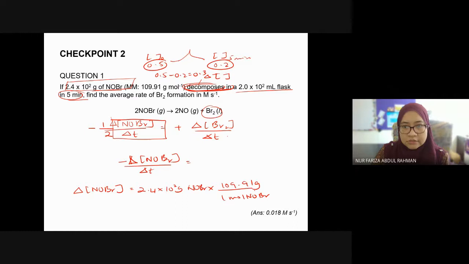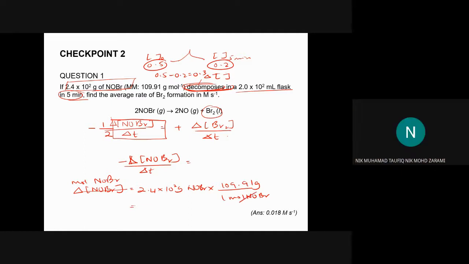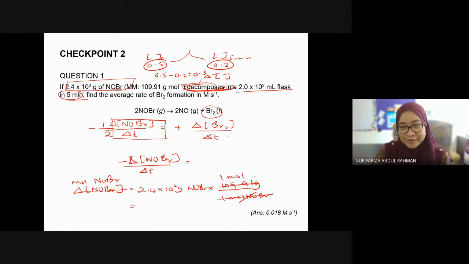This is only the mole. We can divide this with the volume later on to get the concentration. Maybe we can use mole of NOBr first. What's the mole, guys? It's upside down, I got it wrong. 1 mole. We can identify it because when we want to cancel the units, we can't cancel them.